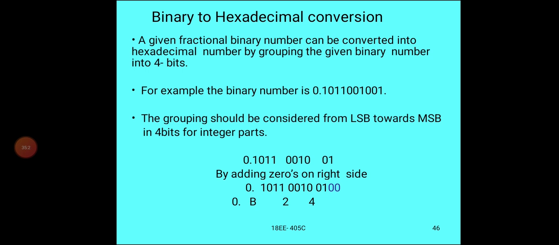For the fractional part, adding zeros on the right side makes 0.101100100100. 1011 means B. 0010 means 2. 0100 means 4. So it is 0.B24 of radix 16.